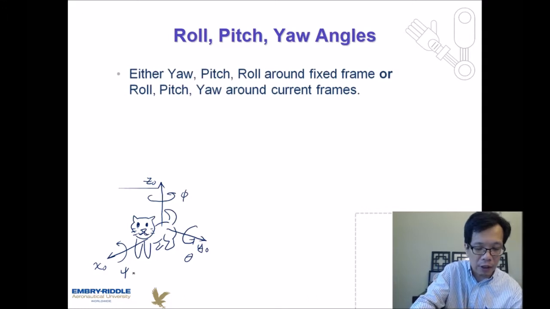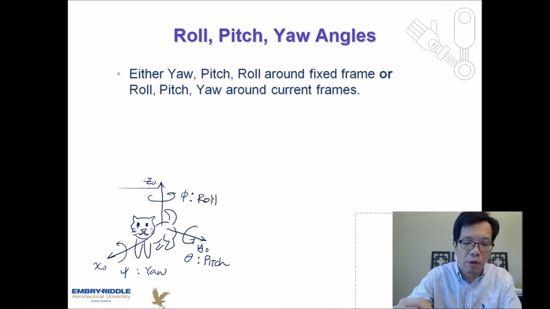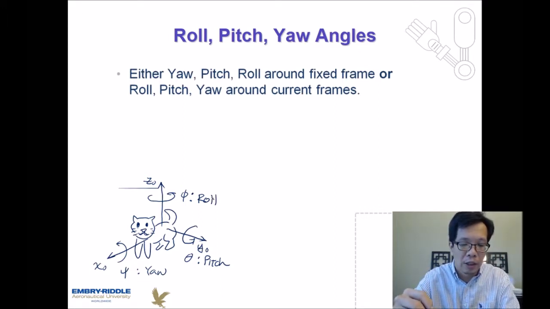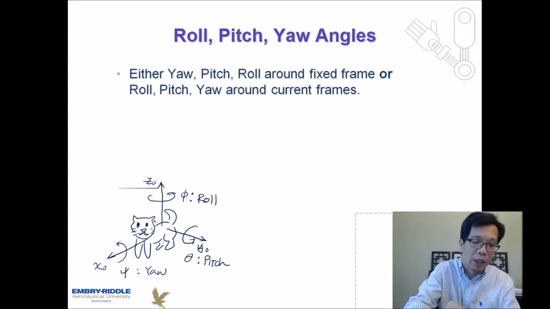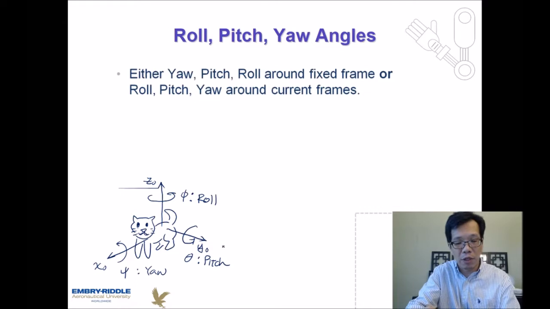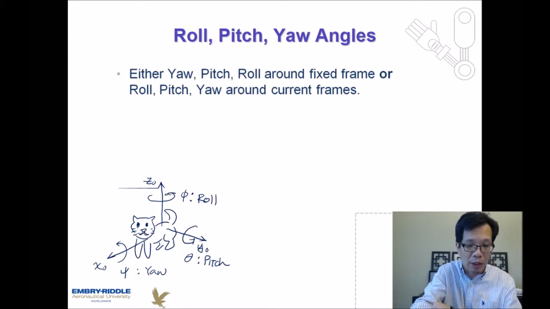This angle over here is defined as yaw, this one as pitch, and this one as roll. If you say your robot is rotated with some certain yaw angle, it means that it's going to be rotated in this direction. If you say it's rotated about some pitch angle, then it's going to be rotated in this direction. If it's a roll angle, it's going to be in this direction.